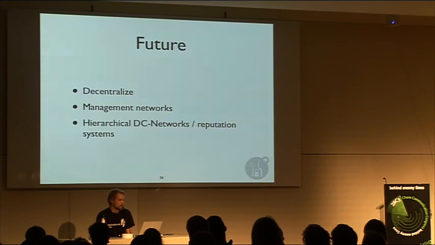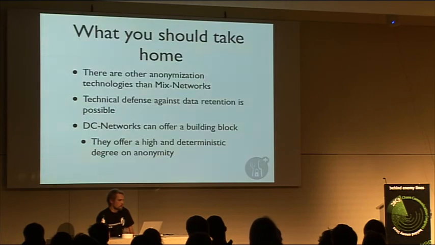And what we need as well is the management network to unveil the attackers, to be able to exclude them. And of course, one could play with hierarchical DC networks and reputation systems to make the quality a little better.